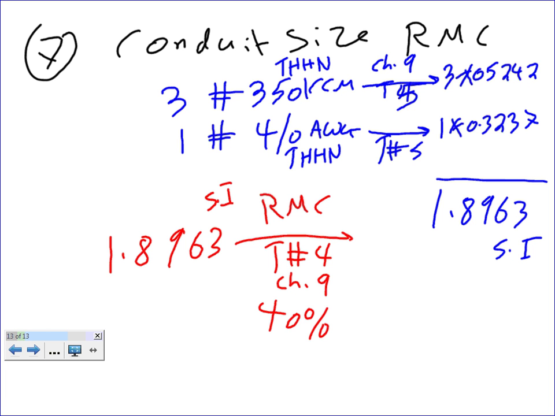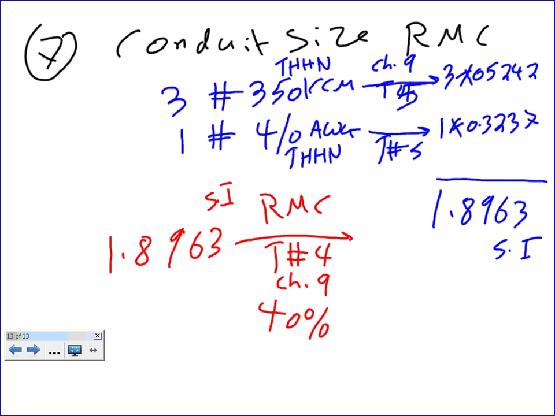This is just a quick reminder of how we did the conduit fill calculation. So rigid, everybody found the rigid metal conduit, yep, right there. So it's 40% fill, what did we say? 1.8, 1.9. I came up with 2.5. Anybody came up with different than that? 2.5.